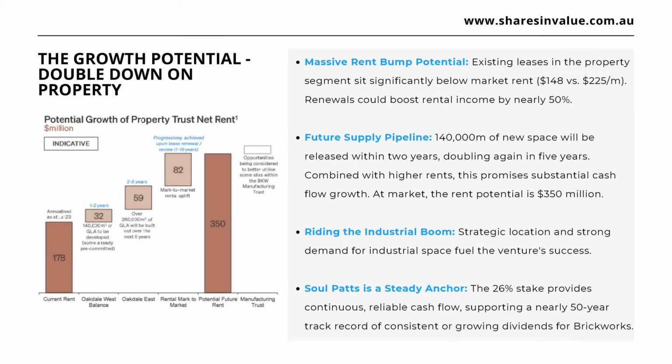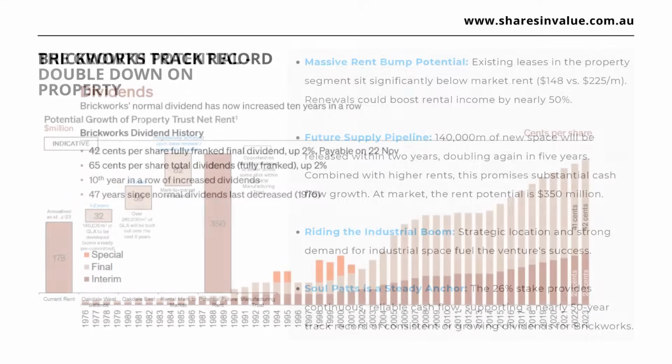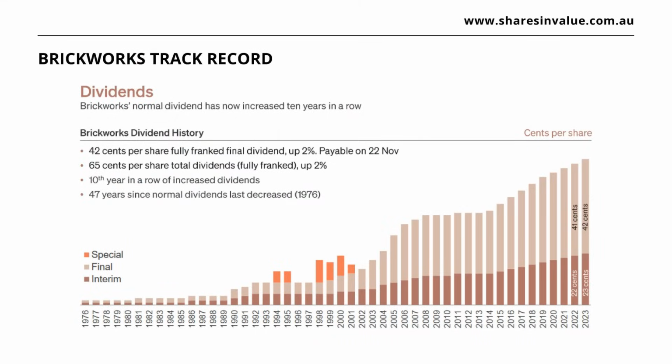Now, with that all being said, the dividends, which I'm certain you all like, right? Brickworks never cut its dividends in over 47 years. It has the best track record on the ASX. Every single year they have grown it. And then second best, just so you know, is what they own 26% of, Soul Patts, at about 35 years.